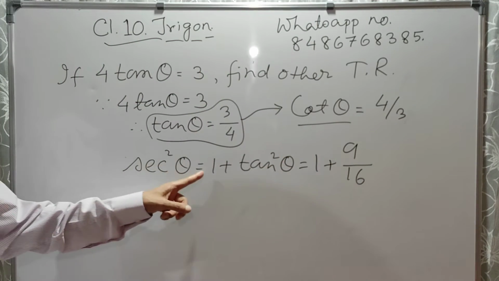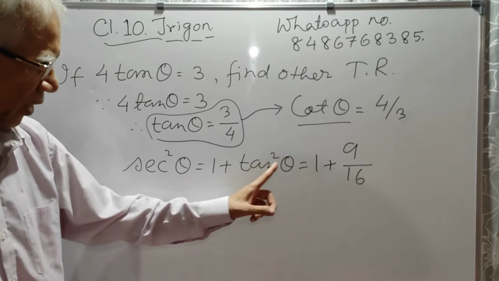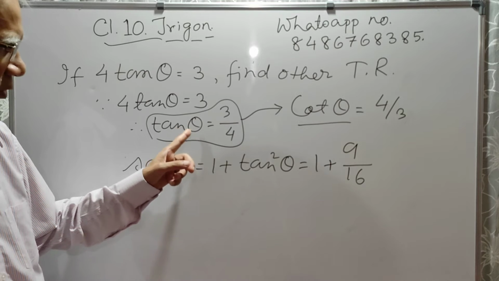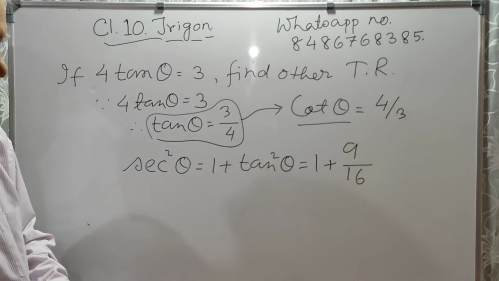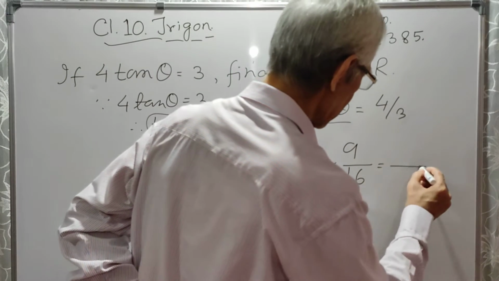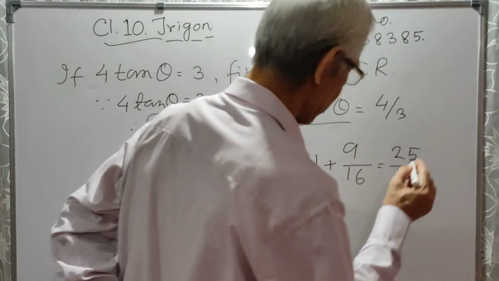So sec square theta equal to 1 plus 9 by 16. That means what you get? 16 plus 9, 25.